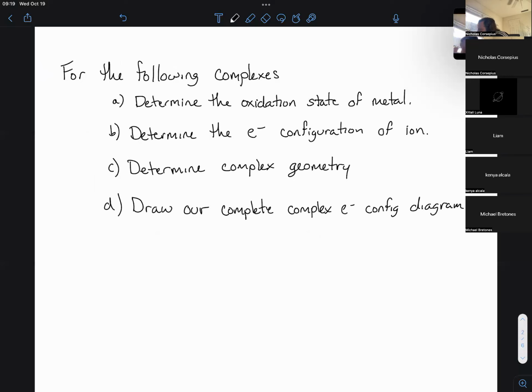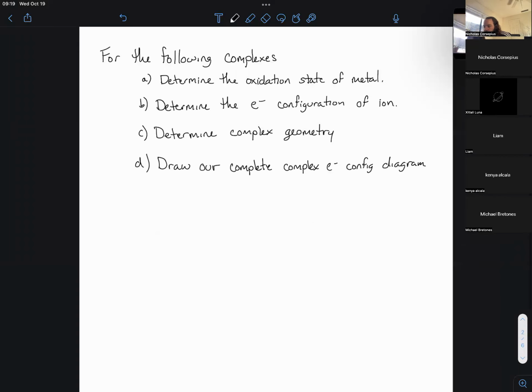So that's what we need to be able to do. Given a complex formula, we need to be able to determine all of these following things.